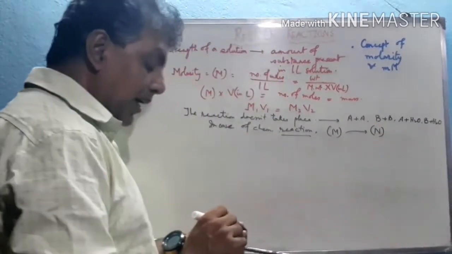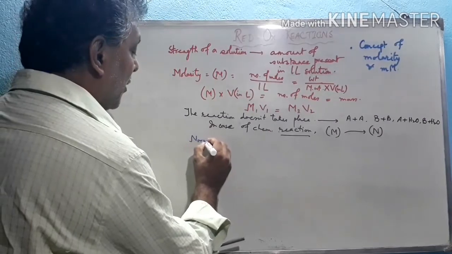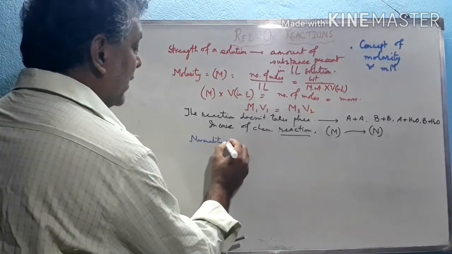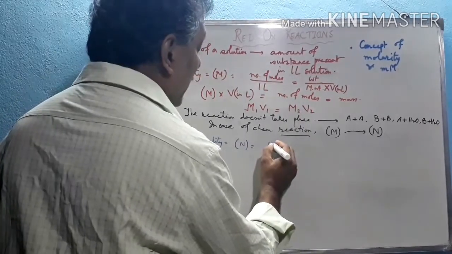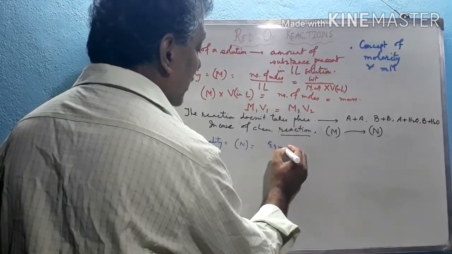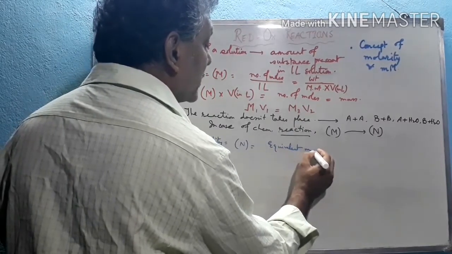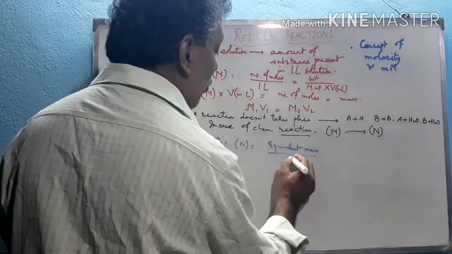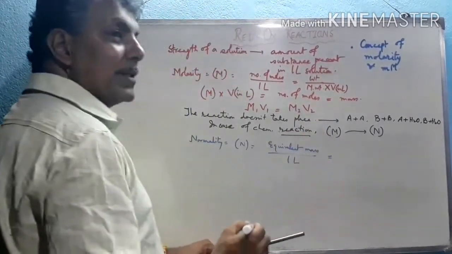Now what is normality? First we have to find out the normality. The definition of normality tells us that capital N equals the equivalent mass of the substance in 1 liter volume. How can we calculate the equivalent mass of the substance?